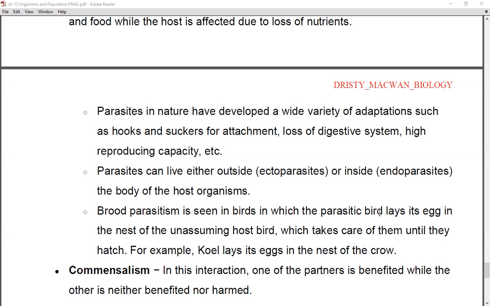So none other than the koel lays its egg in the nest of the crow. So it is a type of parasitic bird. So this is said to be brood parasitism. So this is about the third type of interspecific interaction, and that is parasitism.